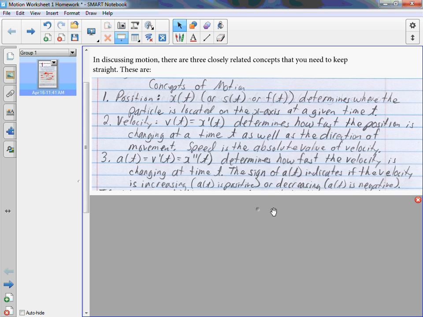And vice versa, if the derivative is positive, the function is increasing. So if velocity is increasing, its derivative, acceleration, is positive. If acceleration is positive, the function it's the derivative of, velocity, is increasing. And then just change it for decreasing. If the velocity is decreasing, its derivative is negative. If the acceleration is negative, the function it's the derivative of is decreasing.